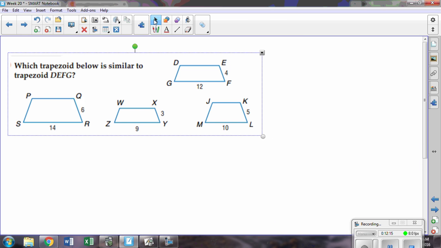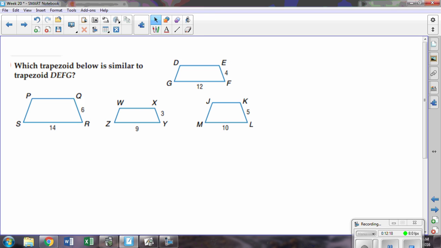Our second objective. One of these three on the bottom is similar to the one on the top. Which one? Well, we're told one of them is similar. Thus, we need to determine which one. How can you do that? What would you need for them to be similar?